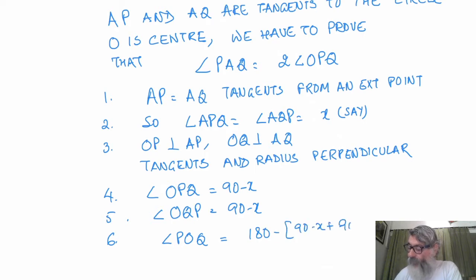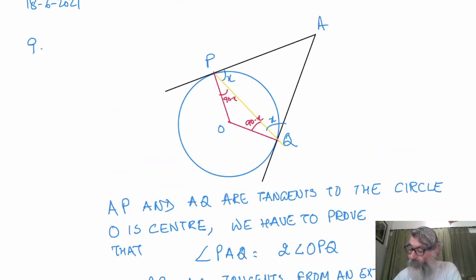That will come out to be 180 minus 180 plus 2x, which is 2x.